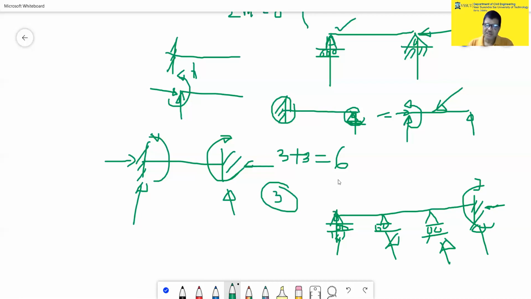By seeing the structure, you try to find out the free body diagram, see the number of unknown reactions, and the number of available equations. So from these you can find out the static indeterminacy.